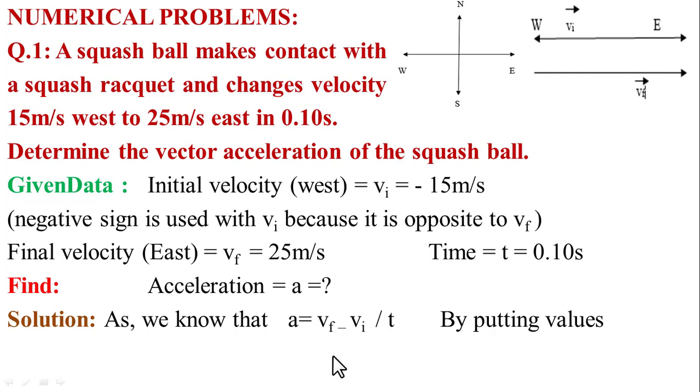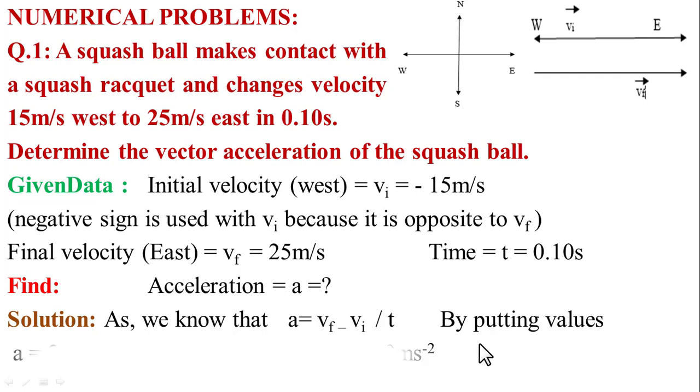According to the definition of acceleration, what is meant by acceleration? The rate of change of velocity is called acceleration. So rate of change is equal to Vf minus Vi divided by t. Then acceleration a is equal to Vf minus Vi divided by t.